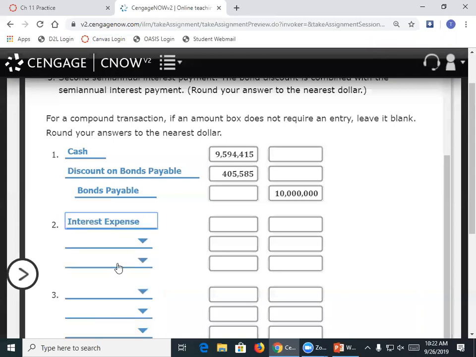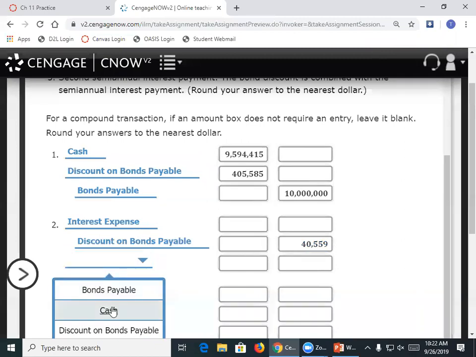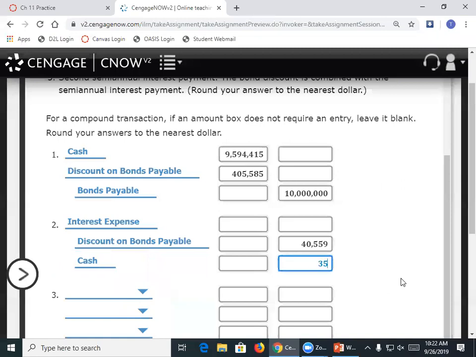And we'll calculate that in a minute. What do I credit? Good. Discount on bonds payable. And we calculated that amount, right? It's the $40,559. And then what else do I credit? Cash. Good. Cash gets credited the $350,000 interest payment.